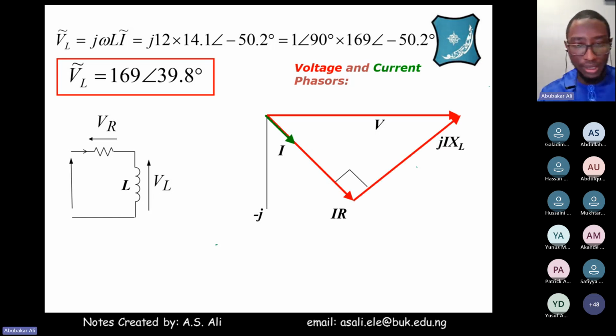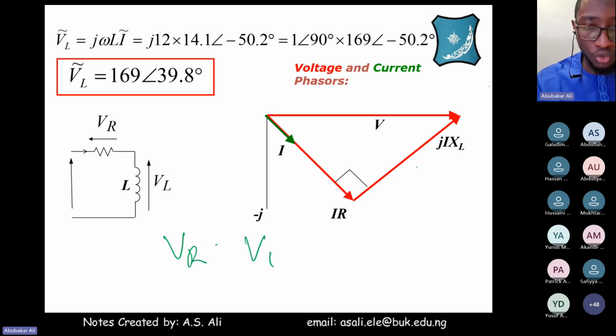Okay, the I and R. So now we have VR and this one is VL, two of them. Okay, this is VR and this is VL. And you can also draw each one of them separately on a phasor diagram. I think we should also do that.